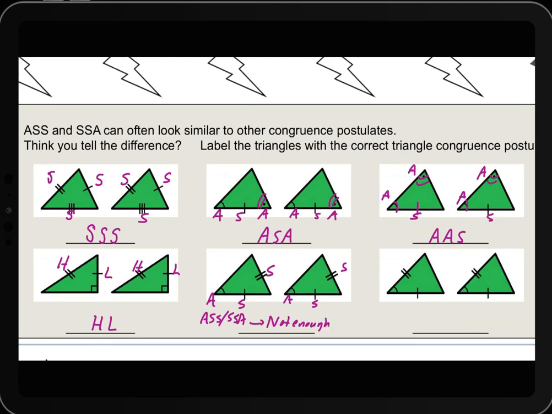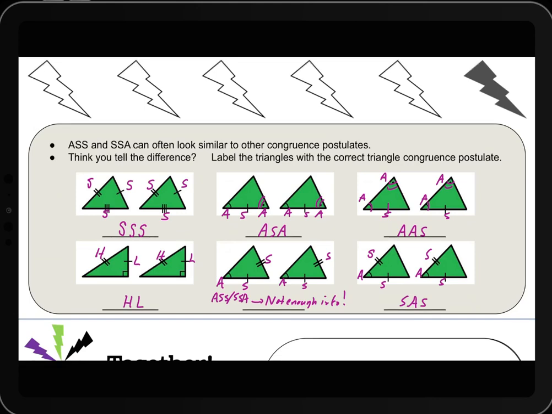Not enough info. There's not enough information to prove that those triangles are congruent based off of that. This last one here, we have side, angle, side, side, angle, side. So all of the others are justifiably congruent, but not that middle one on the bottom row.